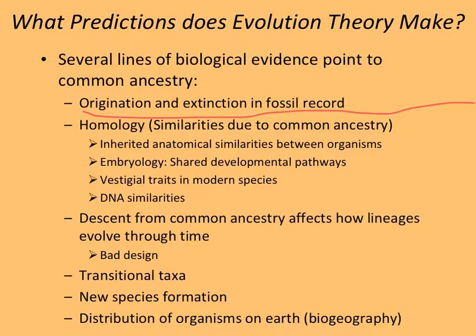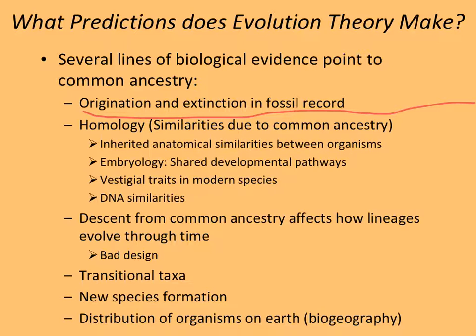We see vestigial traits. That means the remnants of traits that were once functional. Like snakes, of course, don't have any limbs anymore, but they're descended from a reptile that did have limbs. In fact, they share a most recent common ancestor with lizards that had limbs.